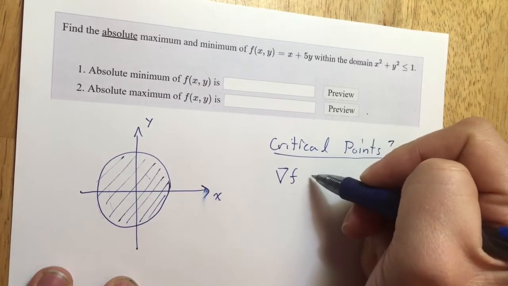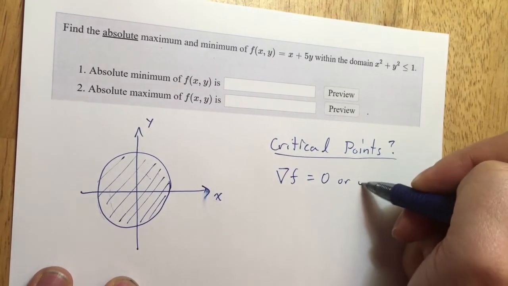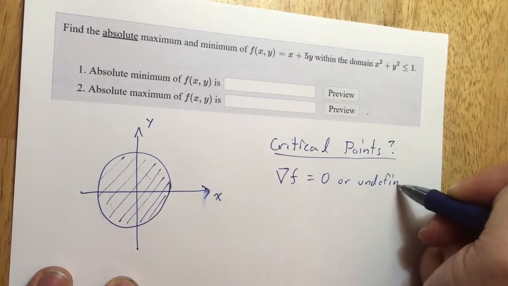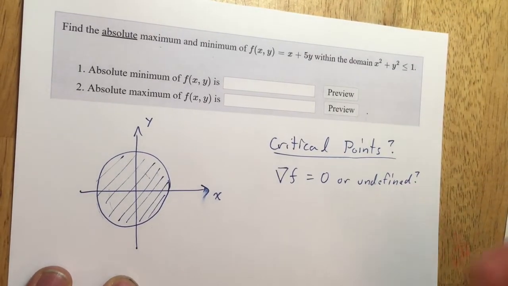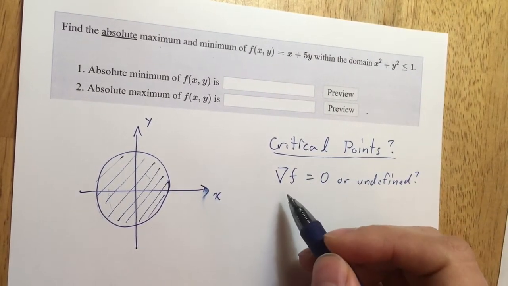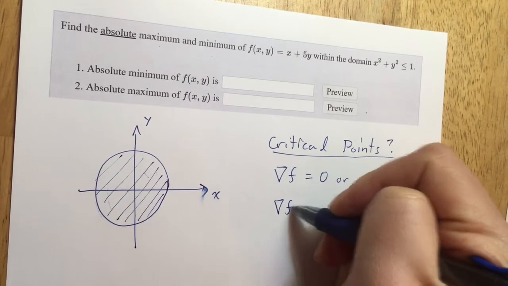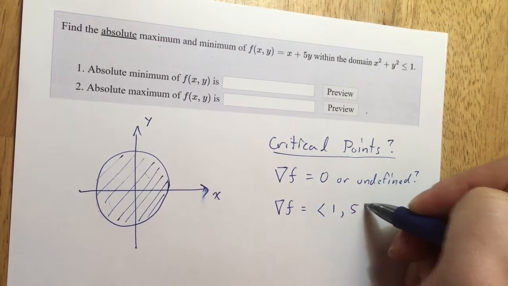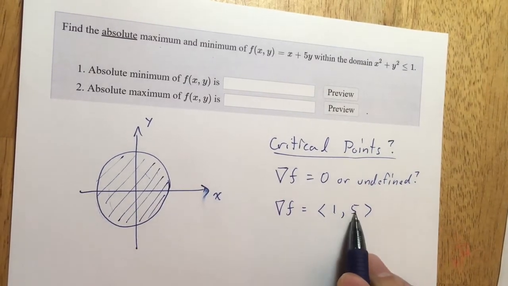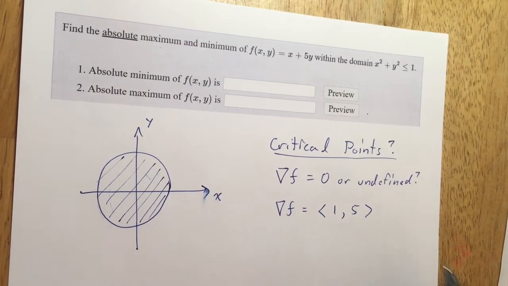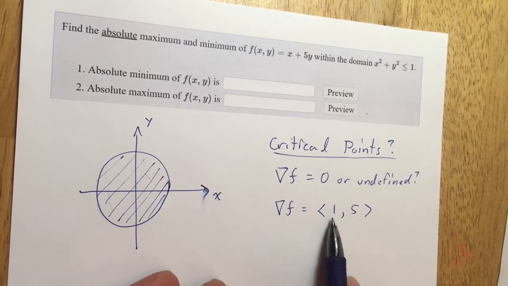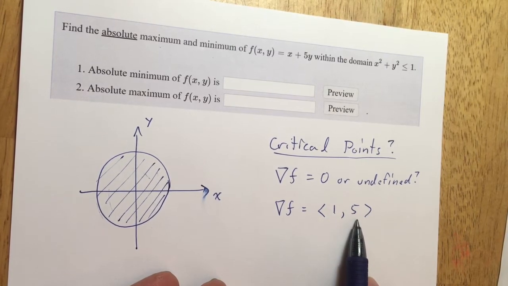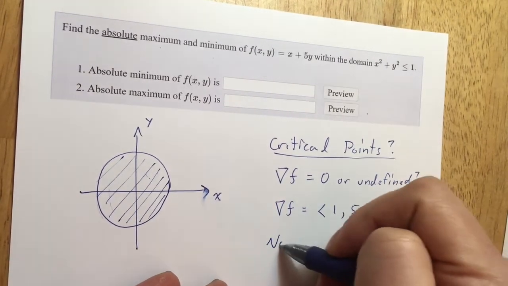Is that the case? If so, that's a critical point. The gradient of f is equal to 1, 5, the x derivative, comma, the y derivative. That's certainly defined, and it's certainly not equal to 0 anywhere. So there are no critical points.